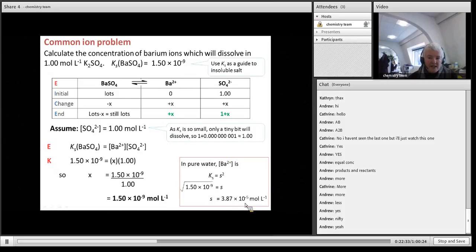Can you see that this value is a lot bigger, by 10,000 times, compared to that? Because this is 10 to the minus 9, and that's 10 to the minus 5. Can you see how much more insoluble barium sulfate is when there's a common ion present?